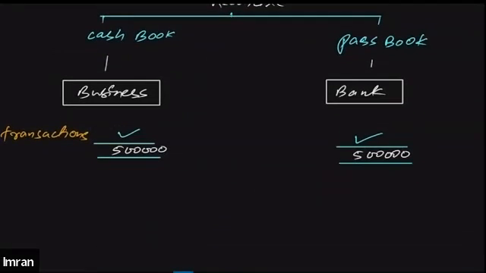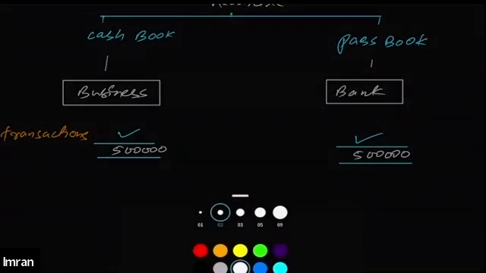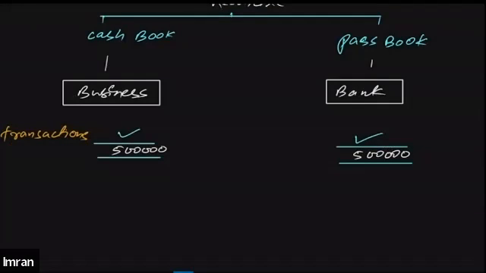But the problem is, sometimes there are certain transactions which are recorded in the cash book, but we forgot to record the same transaction in the passbook. Let's suppose there was a transaction of rupees 1 lakh which needed to be recorded. We recorded this transaction in the cash book, but forgot to record it in the passbook.